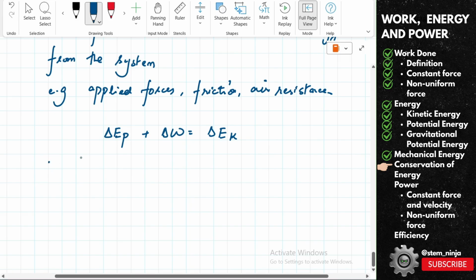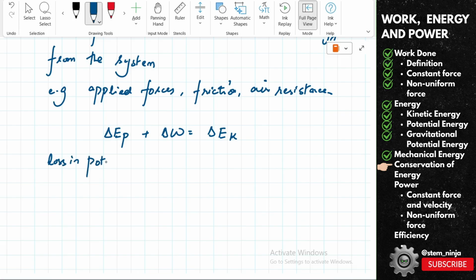So for example, you have, let's say, loss in potential equals gain in kinetic. But the sign of this will tell us whether it's adding to the mechanical energy or removing from it.